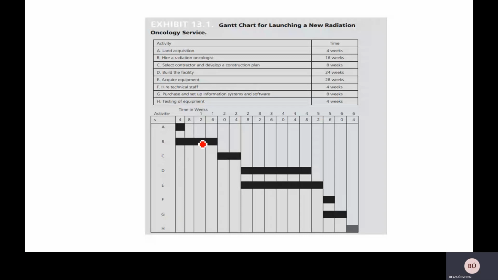For example, contractor selection, which is activity C, does not start until land has been acquired and a radiation oncologist hired, which is activity B. For certain decisions, the input of key personnel for the new service must be considered.